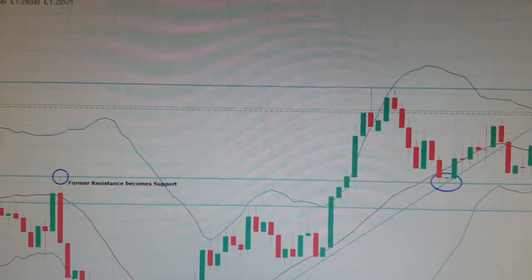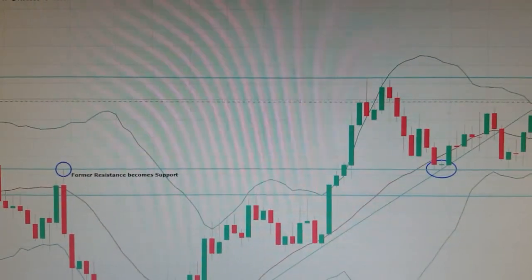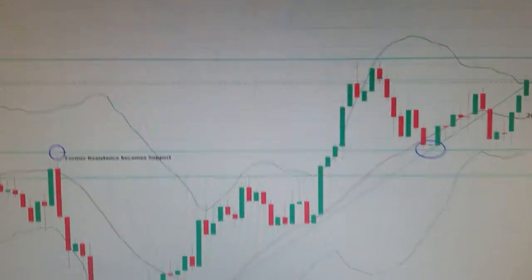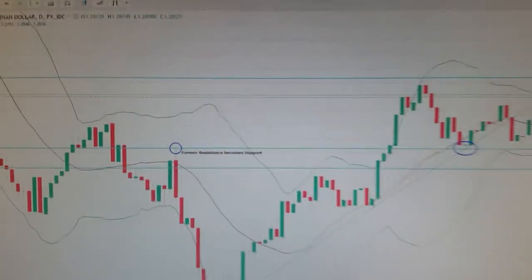Another point of view that I want to point out is that if we look to the left of this chart, let me just zoom out a bit.